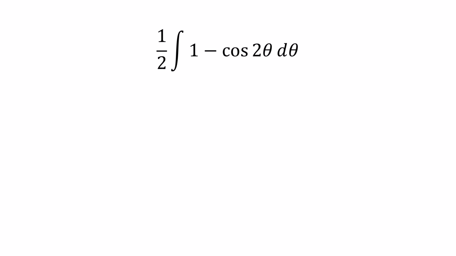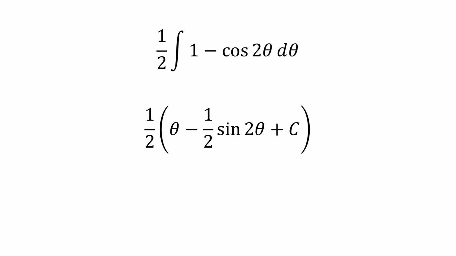Integrating gives 1/2 times theta minus 1/2 sine of 2 theta plus c. Applying the double angle identity then gives 1/2 times theta minus sine of theta cosine of theta plus c.